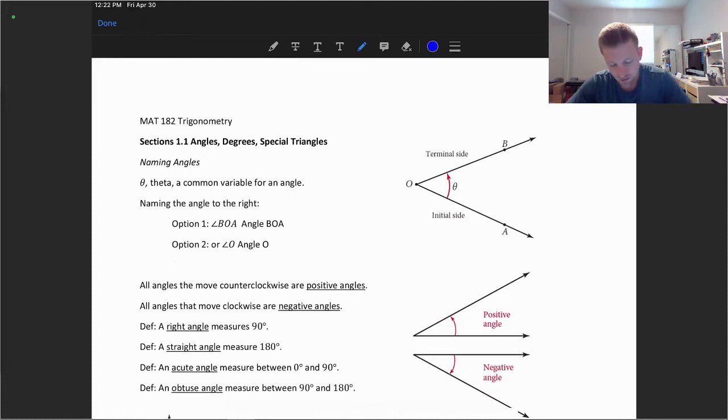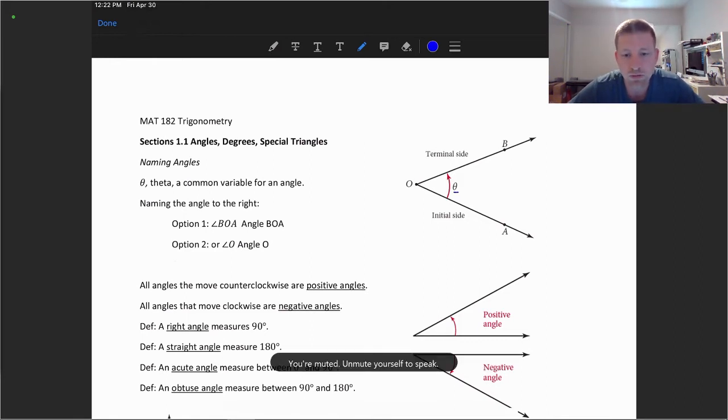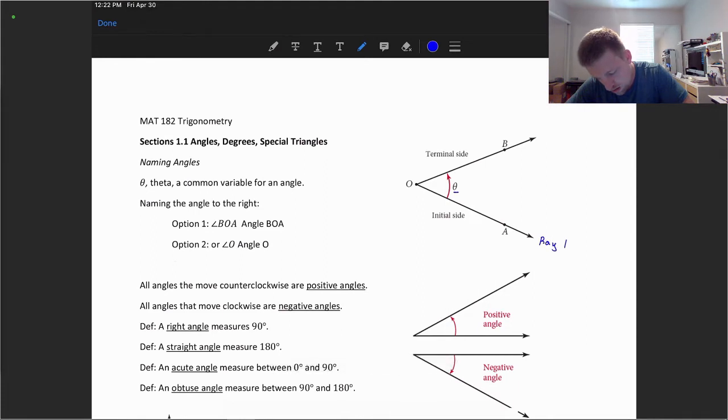You'll see on the right, we have an angle called theta. This is just a Greek letter that we'll use primarily to name the measure of an angle. The angle is made up of two rays. One ray is called the initial side, and the second ray is called the terminal side.